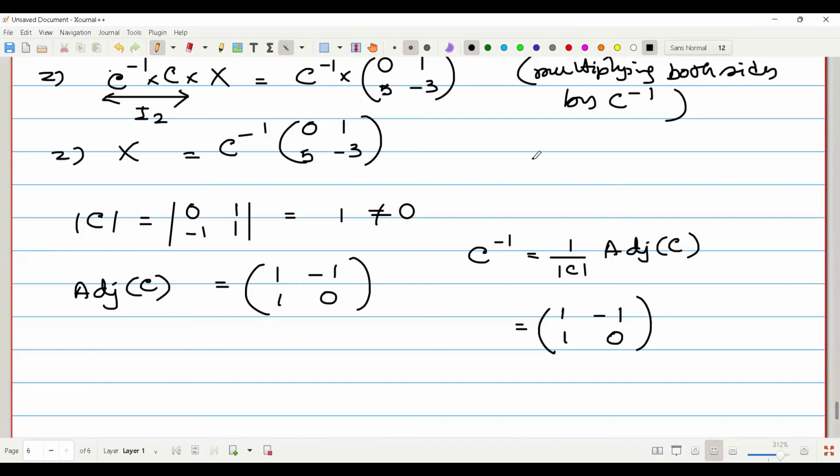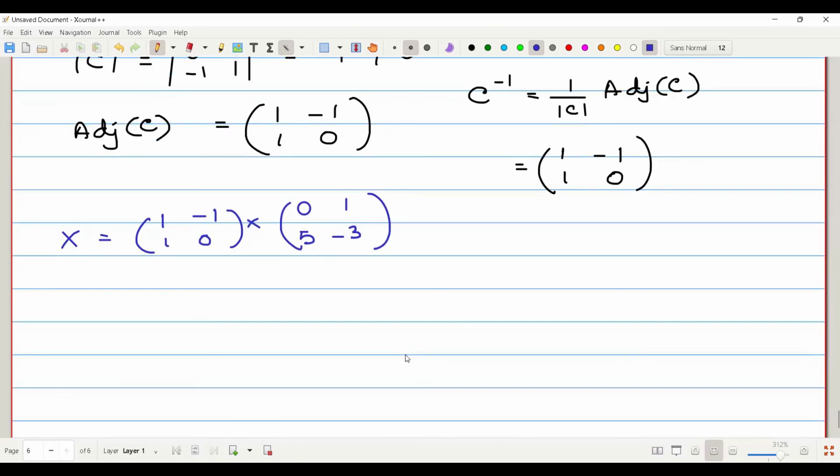So what should be the value of X? X is equal to C inverse, that means [1, -1; 1, 0], cross [0, 1; 5, -3].